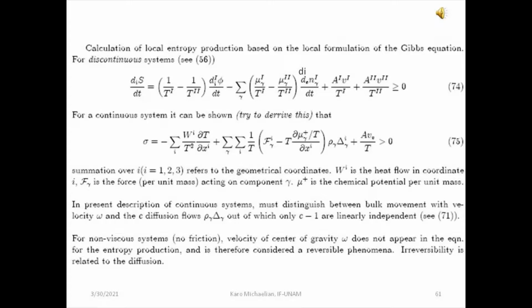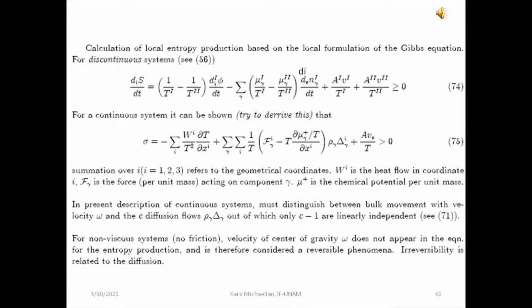So now let's calculate again the entropy production due to a system composed of two parts, 1 and 2. Okay, so this is the discrete case in which parts 1 and 2, or regions 1 and 2, are open to each other, so we allow a flow of energy and matter from subsystem 1 into subsystem 2, and vice versa.